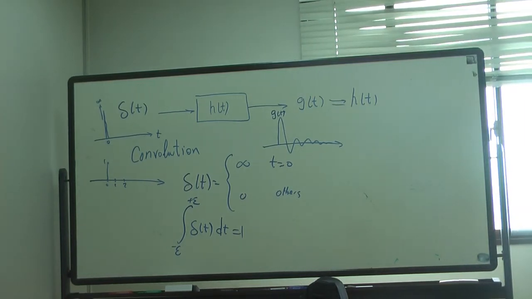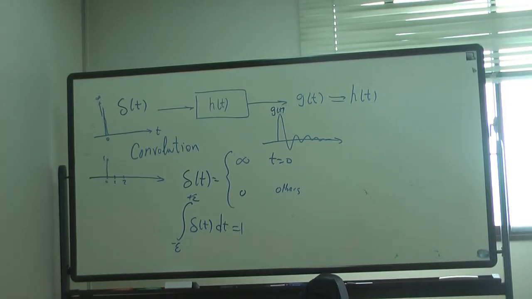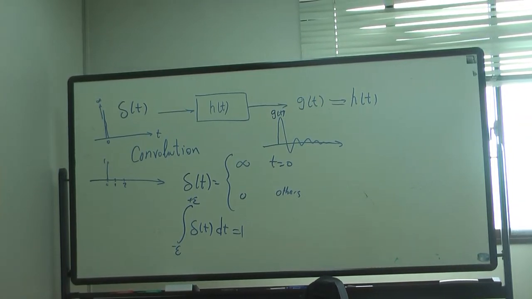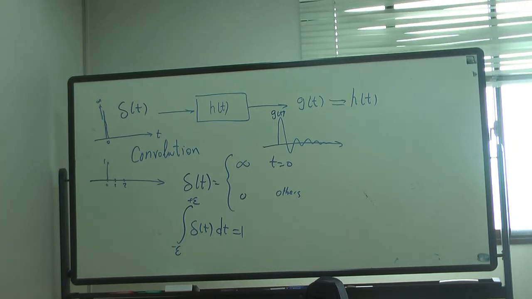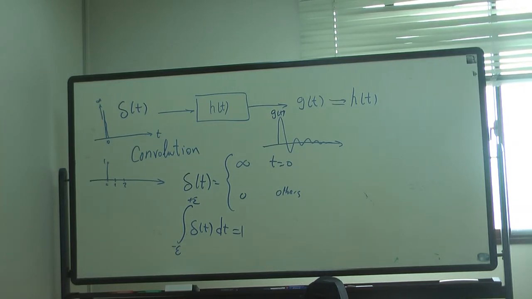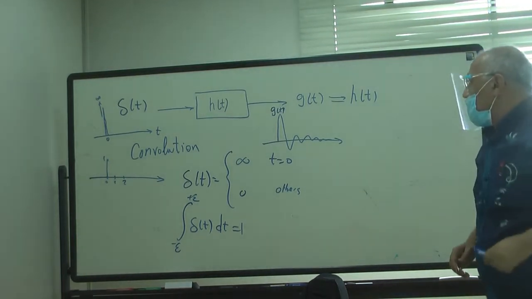Then how to define it mathematically? Mathematically it is this formula: integral of h(tau) f(t minus tau) d tau from minus infinity. So when you find the h(t) for any signal like f(t), you can find g(t) by convolution. This is the convolution integral. This is a very general formula that I hope you remember.